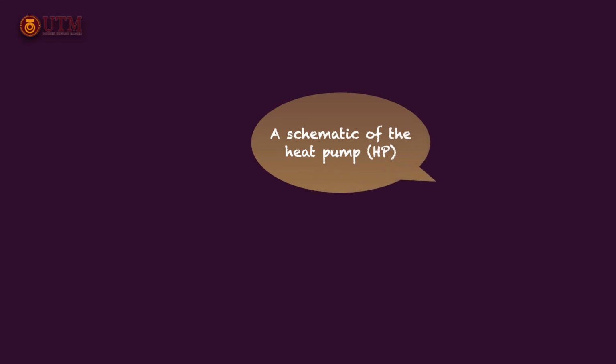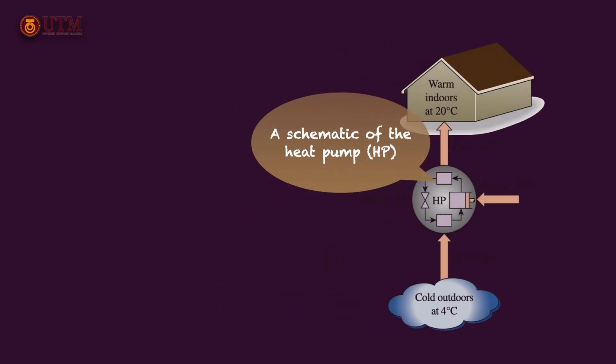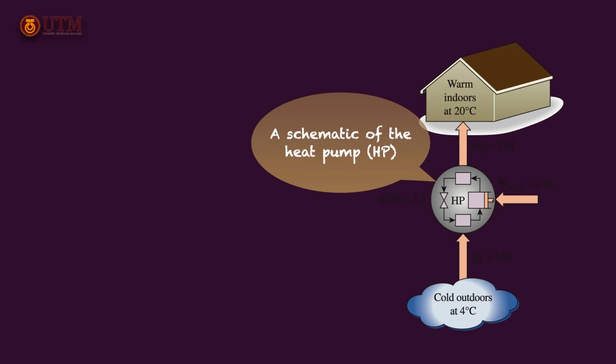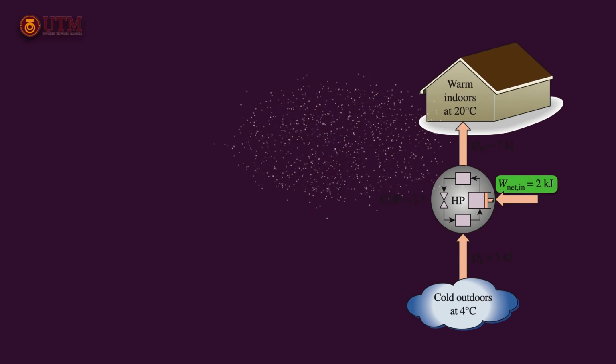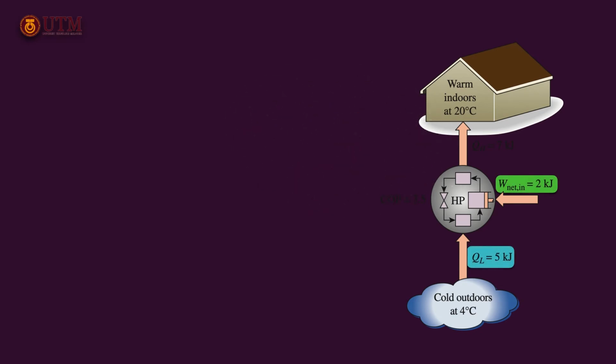However, the objective of a heat pump is to maintain a heated space at a high temperature. This is accomplished by absorbing heat from a low temperature source such as well water and supplying this heat to the high temperature medium such as a house, as shown in the given figure.